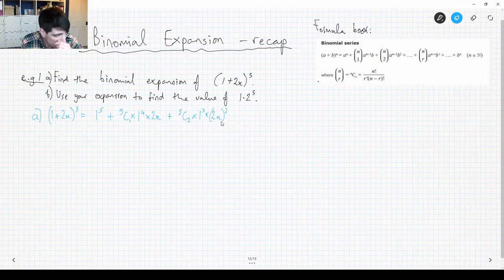Now I put in brackets here to remind you that when we do the 2x squared, it will actually be 4x squared. So we'll keep going.